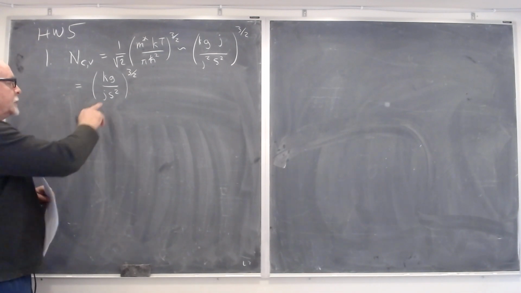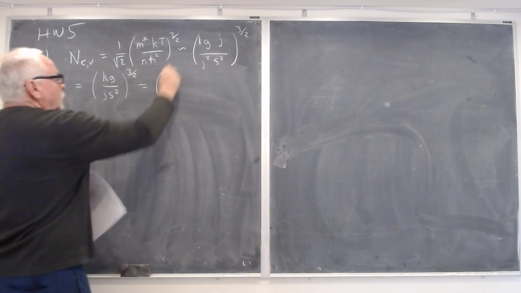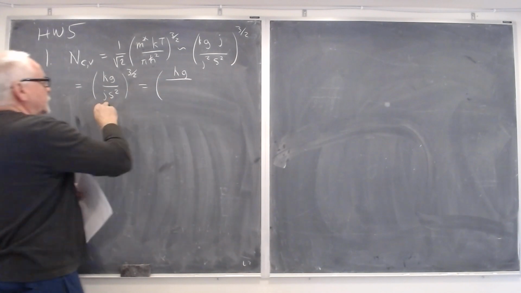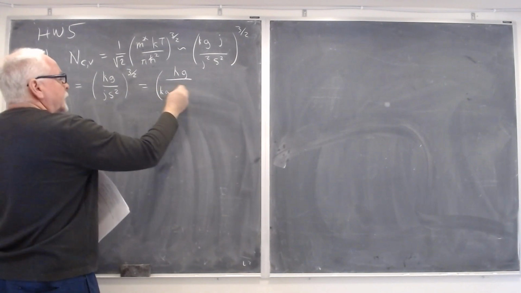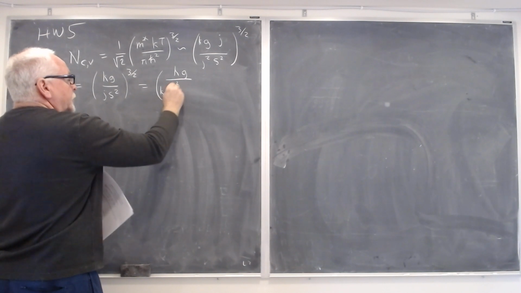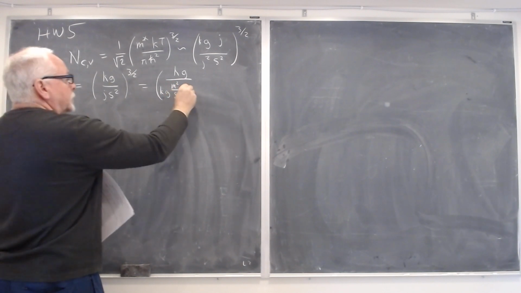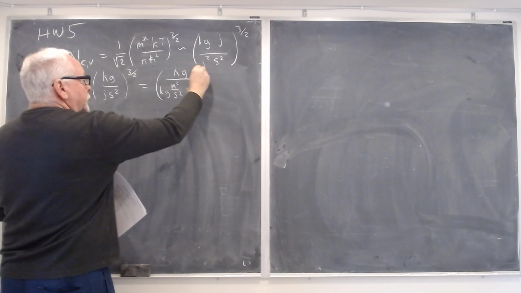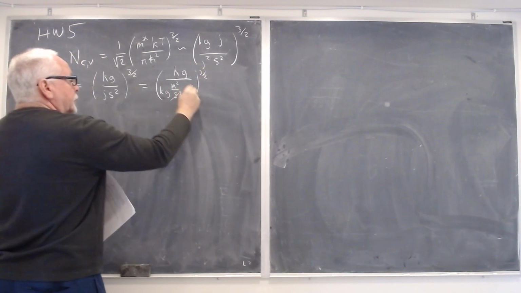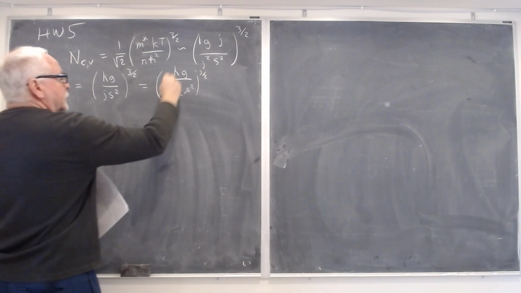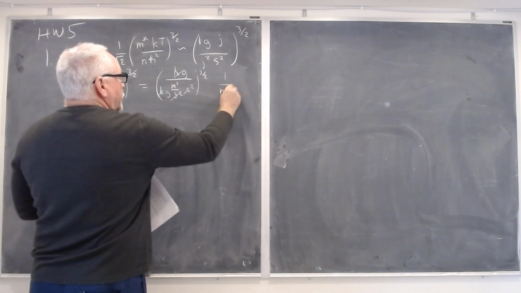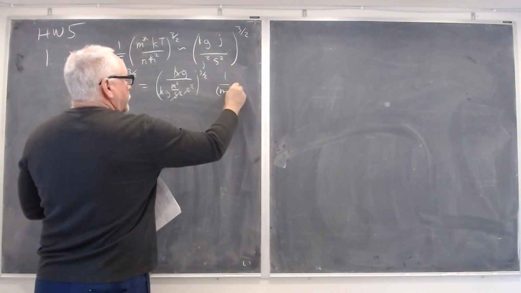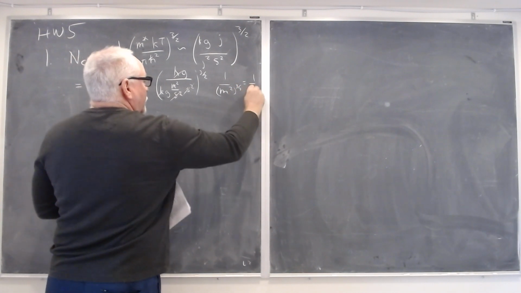And so realize that joules is kilogram meter squared per second squared, to the 3/2. And so those cancel out, and those cancel out, and that becomes 1 over meter squared to the 3/2, which is 1 over meter cubed.